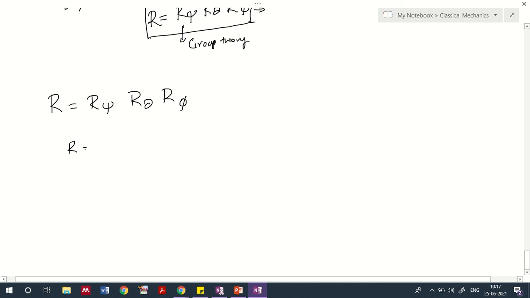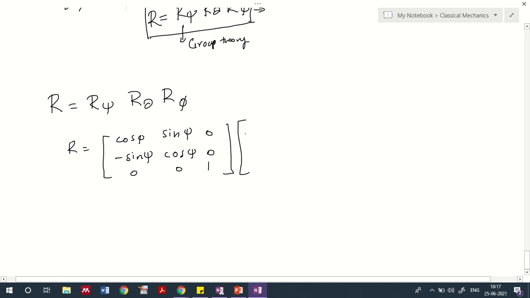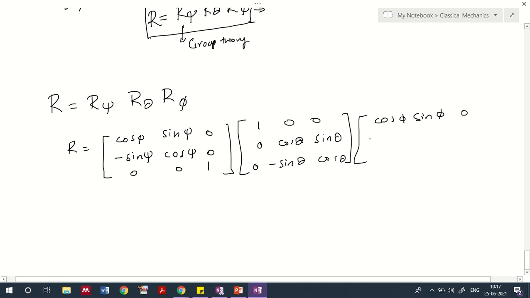R equal to cos psi, sin psi, 0; minus sin psi, cos psi, 0; 0, 0, 1; into 1, 0, 0; 0, cos theta, sin theta; 0, minus sin theta, cos theta; and into cos phi, sin phi, 0; minus sin phi, cos phi, 0; 0, 0, 1, as you can see over here.